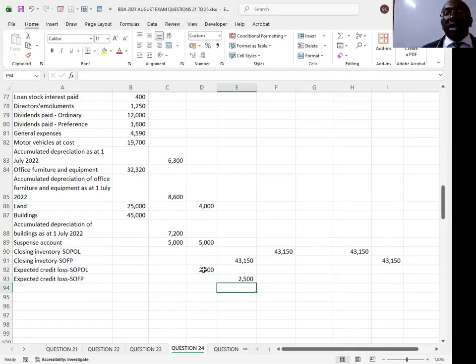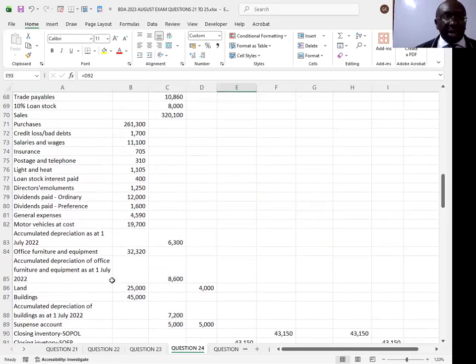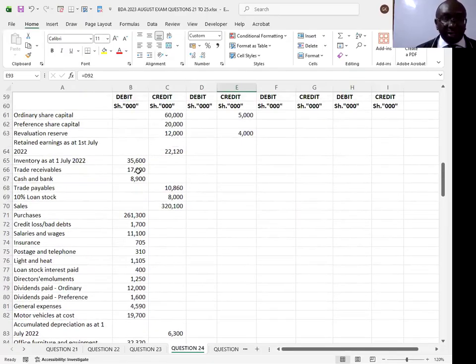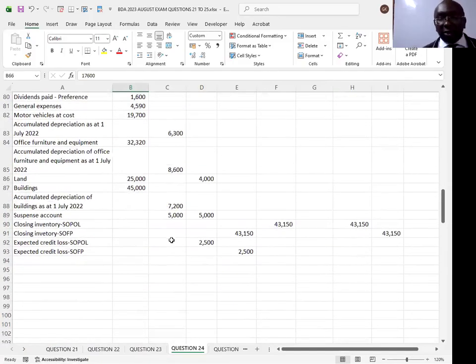And why it's going as credit is because it will come in to reduce our receivables. This one, you could as well come and credit the ipunguze. But here we have chosen to put it separately.